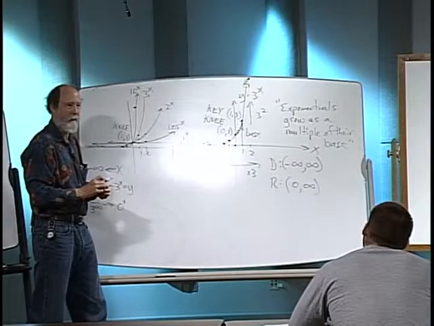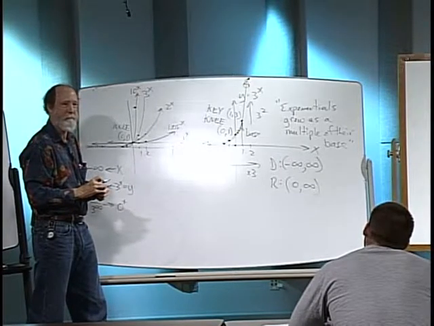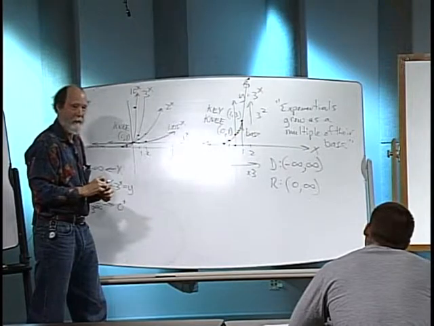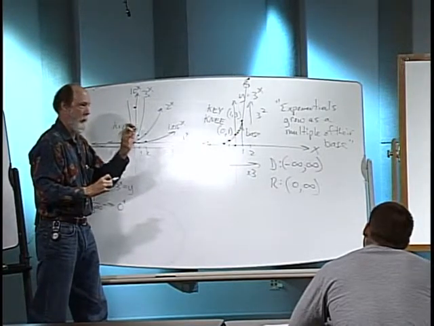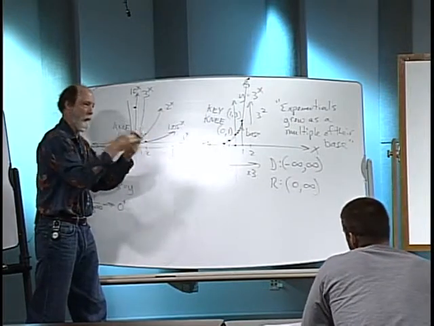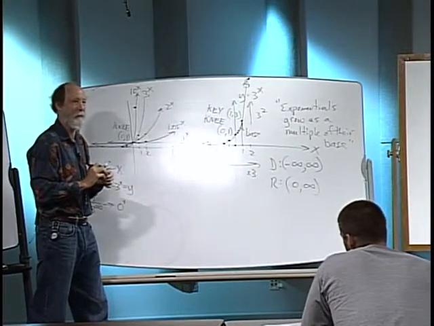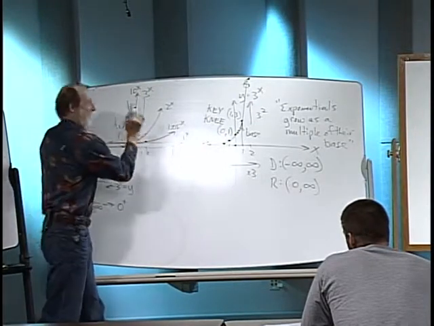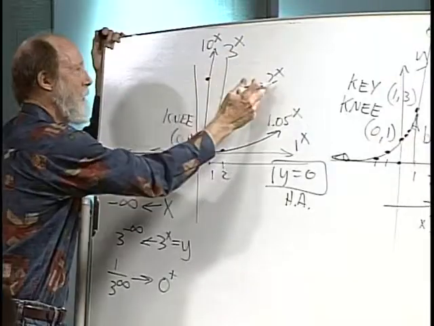Anybody know what that base is? It's called e. It's a funny number. It's a very, very important number, though, that has very special properties that after this course, you will learn about it. So you're so excited you can't wait to take your next math course. Okay. It happens to be in between 2 and 3.